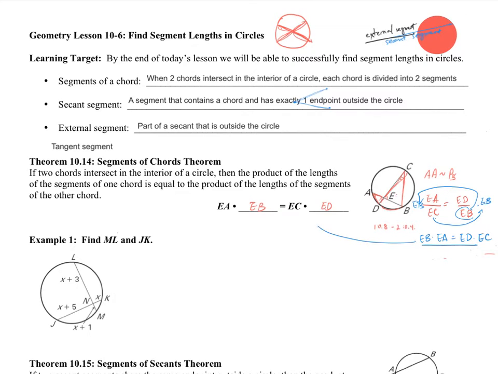So this gives me the proof. Okay, I just multiplied EB to both sides and then EC to both sides. So for the full proof again, it's on my website. And now let's do an example.